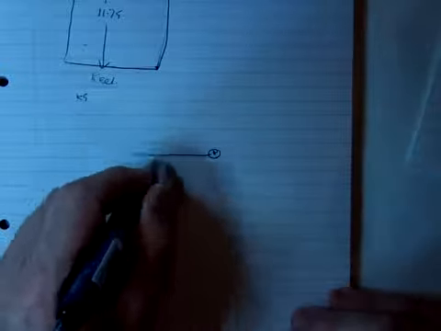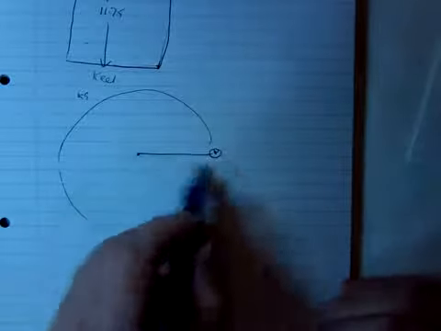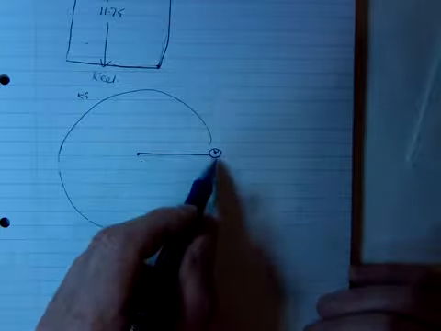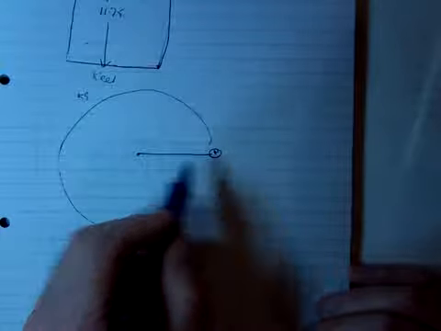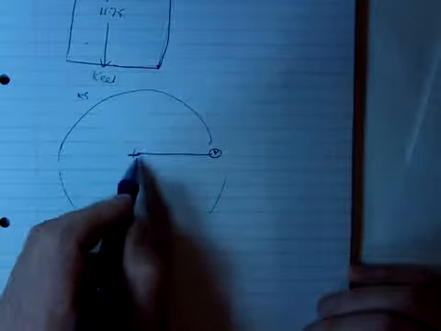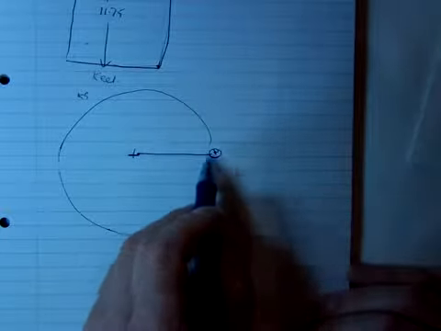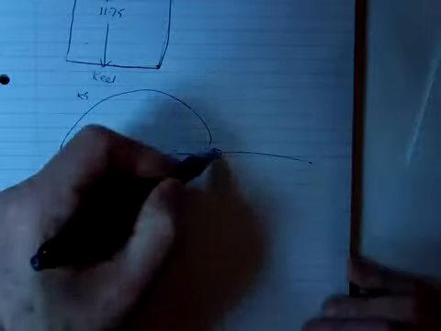If you were to have something on the end of a string that you were swinging around in a circle, you'd have a centre seeking force and a centre fleeing force. Well, the centre fleeing force is actually inertia, because if you were to suddenly let go of it, you at the centre swinging it round, if there was only a centre seeking force it should just shoot off that way, but of course what it does is shoot off that way.